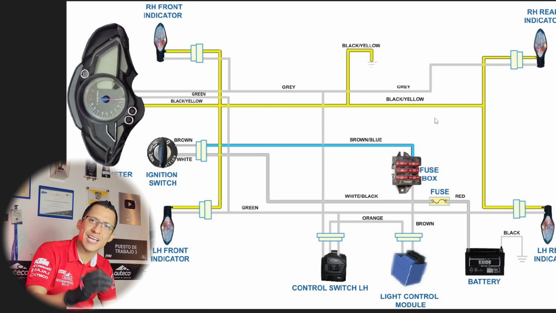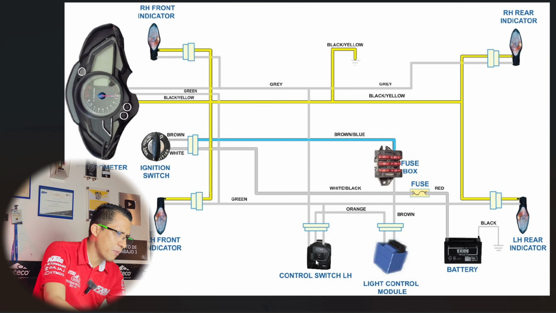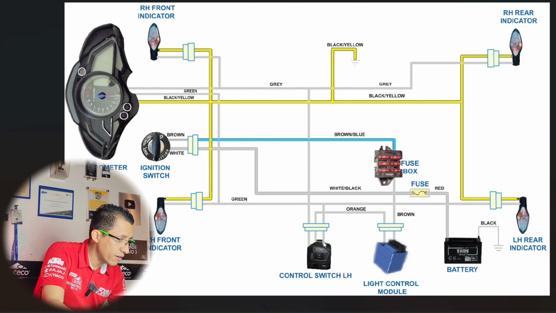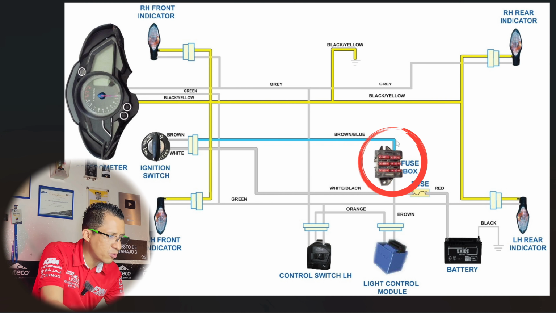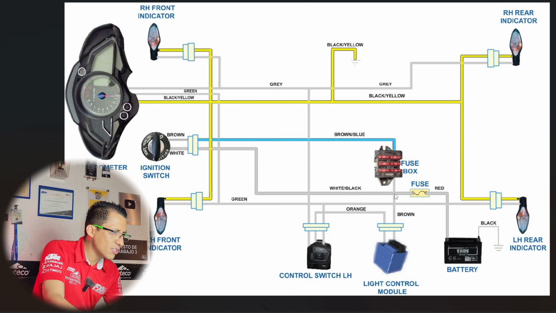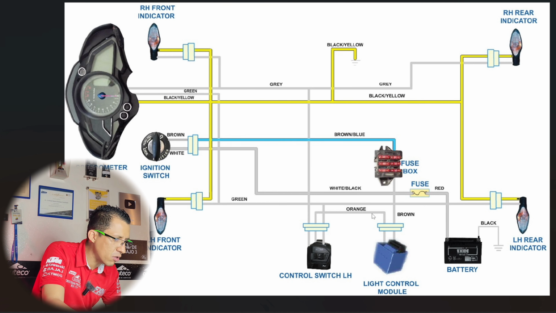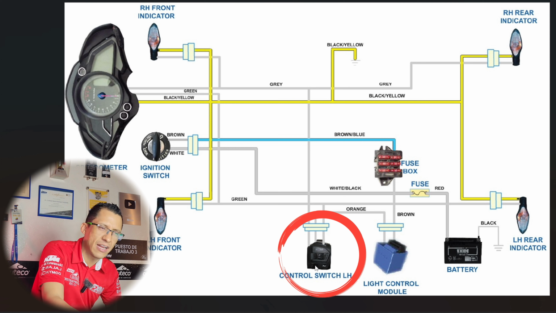In this case, for the PULSAR 200 fuel injection, it is simple, the same as the activation for the turn signals. We see here that the kill switch is not necessary, simply by operating the run. It goes out through this brown wire, it enters through this blue stripe brown wire to the fuse box. It goes out through this brown cable to the relay or the control unit, it goes out through this orange cable to the left-right turn signal command.